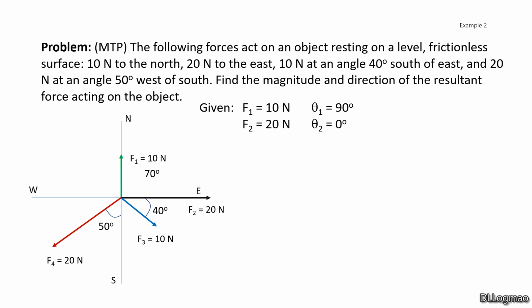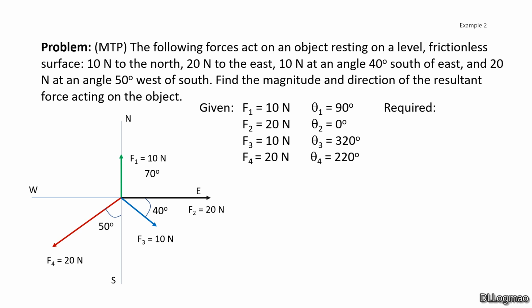F sub 2, 20 newtons, direction theta sub 2 is 0 degrees. F sub 3, 10 newtons, direction theta sub 3 is 320 degrees. F sub 4, 20 newtons, direction theta sub 4 is 220 degrees.